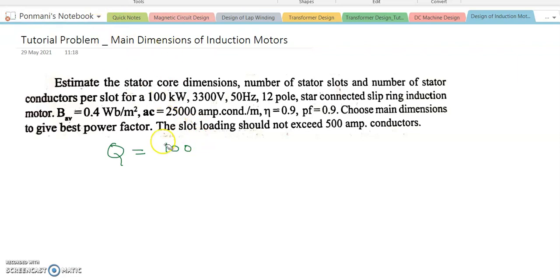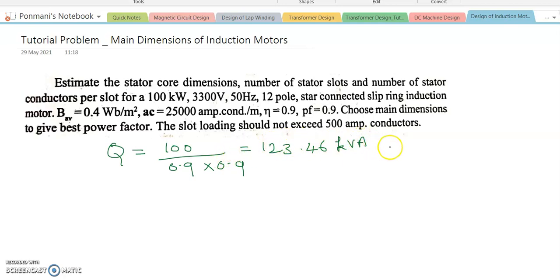So 100 I am keeping as it is, and then the efficiency eta is given as 0.99 and the power factor is also 0.9. So that we will be getting a Q value of 123.46 kVA.